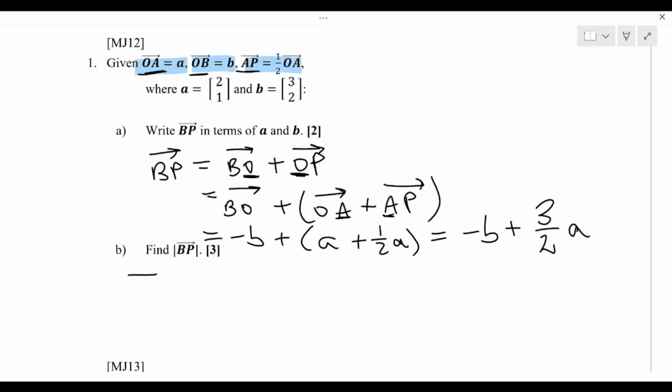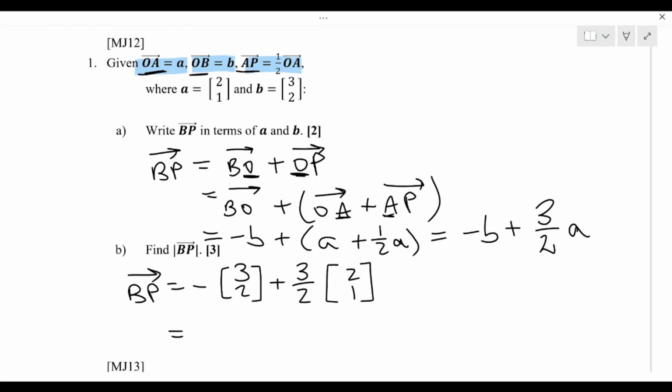Therefore, vector BP is equal to negative (3, 2) plus 3 over 2 times (2, 1), since those are the values of B and A. We're going to multiply this negative 1 by 3 and 2, so BP is equal to (negative 3, negative 2) plus (3 times 2 over 2 gives us 3, and 3 over 2 times 1 gives us 3 over 2).